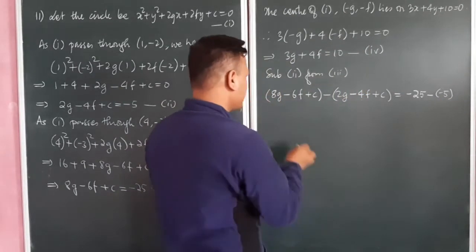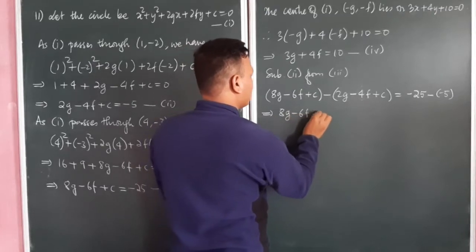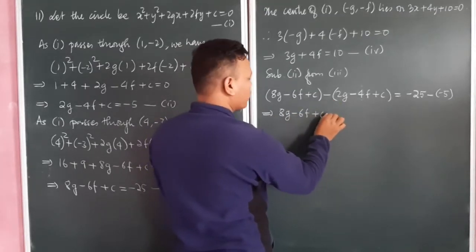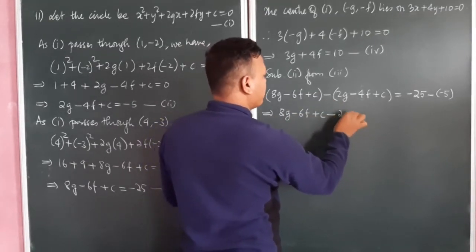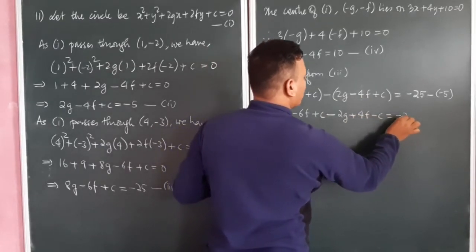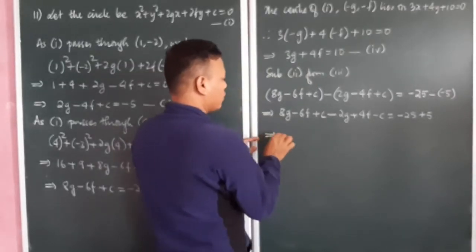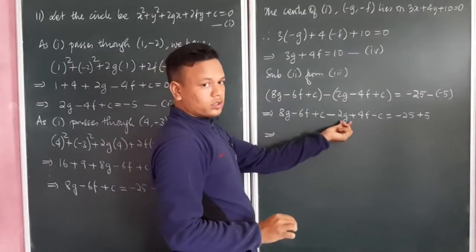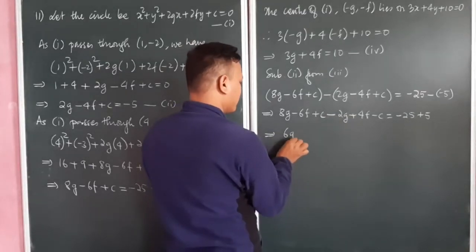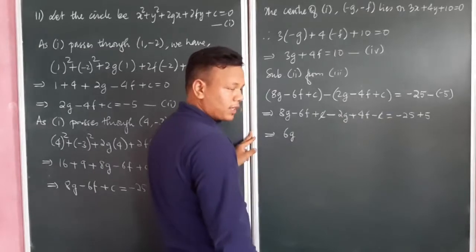Alright, so let's evaluate this. We have 8g minus 6f plus c. Let's open up the brackets: minus 2g plus 4f minus c, minus 25 plus 5. From here 8g minus 2g is 6g, and c and minus c get cancelled.